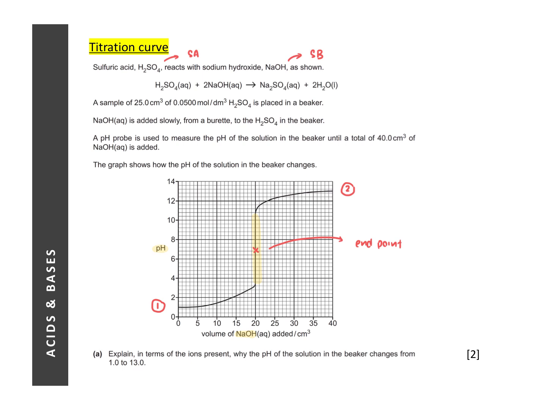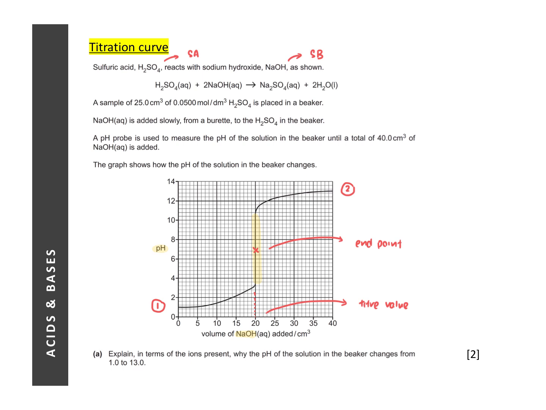As mentioned already, this point corresponds to the point where the volume of alkali added has exactly neutralized the acid in the conical flask. What is important about this point is the volume corresponding to your endpoint or your vertical region, and this volume is what we call our titer value in a titration.